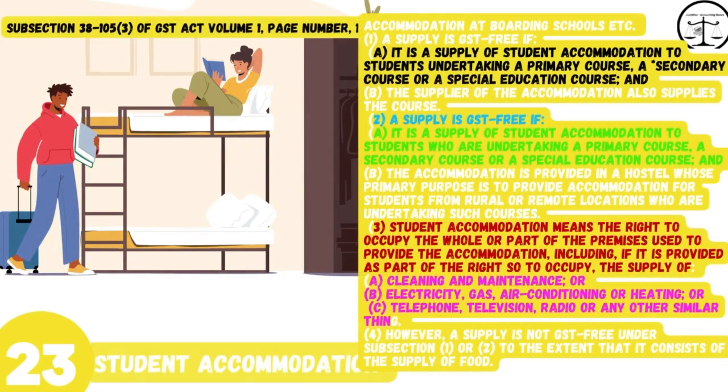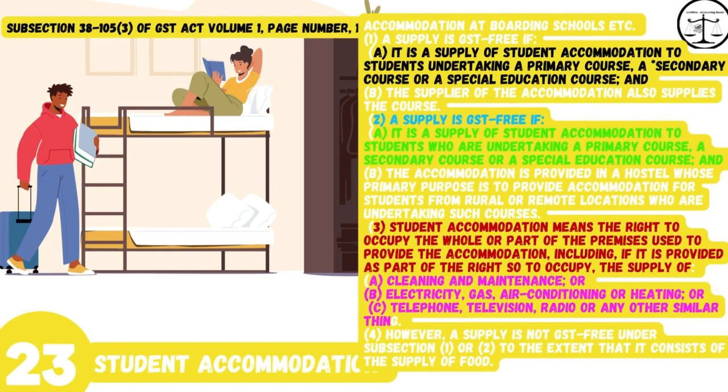It is a supply of student accommodation to students who are undertaking a primary course, a secondary course or a special education course, and b. The accommodation is provided in a hostel whose primary purpose is to provide accommodation for students from rural or remote locations who are undertaking such courses.